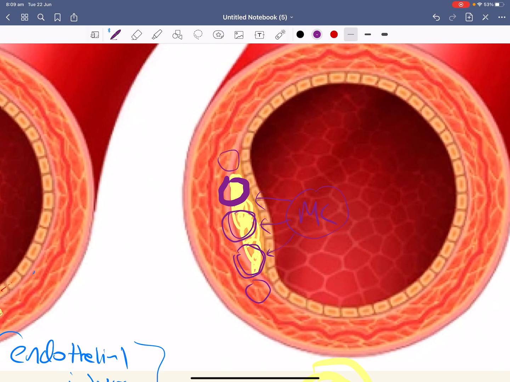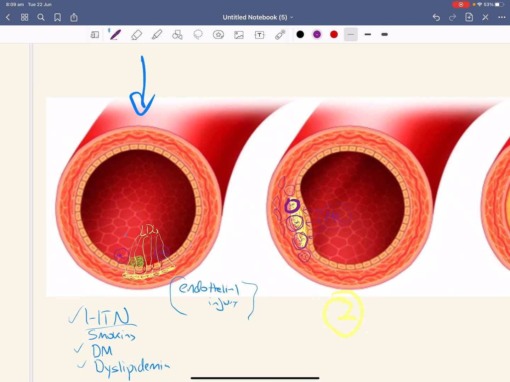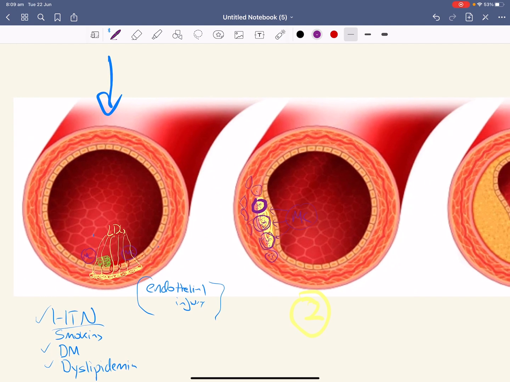What they will do, as well as these guys, which are smooth muscle cells, they'll move into that area and they'll start to gobble up the fat. So they'll start to chew up the fat and get filled, their bellies will get filled with fat, particularly LDLs, okay? And they start to oxidize. And the oxidization can be exacerbated by smoking.